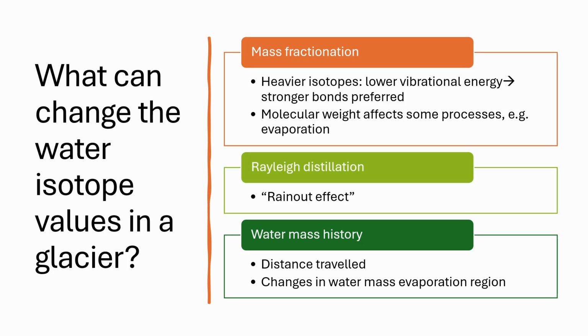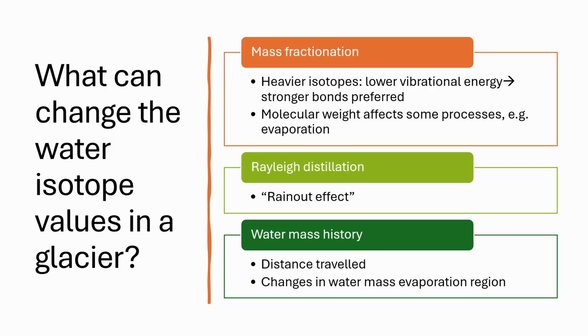So as a water mass, like the water that's evaporated out of the ocean, moves farther away from the ocean, preferentially you will see the heavier isotopes raining out. Over time, this water mass in this evaporated water becomes more and more different from what is in the ocean. All this culminates in the water mass history having an effect on the isotopic value in the ice.